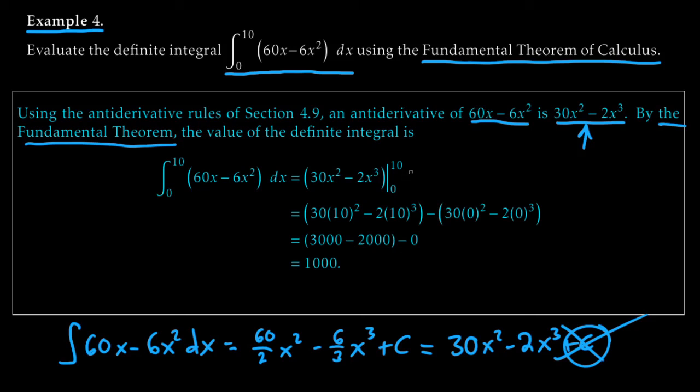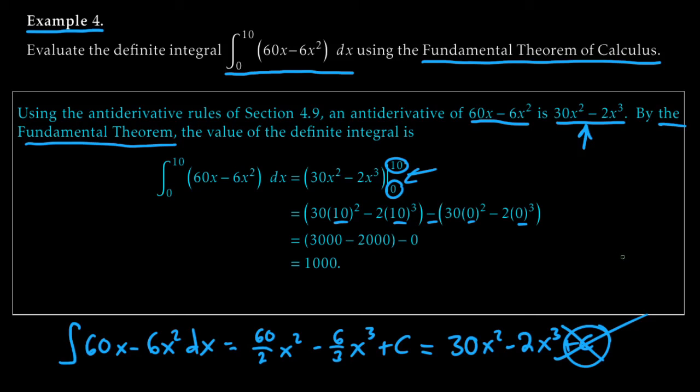All this notation means is that we plug in the top number for x, put a minus sign, and then plug in the bottom number for x, and then we just plug and chug from that.